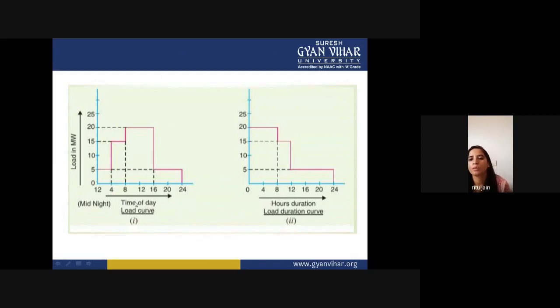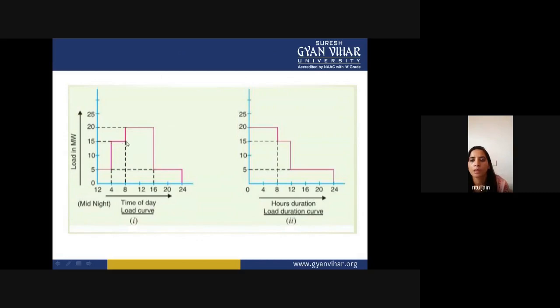Suppose we are drawing this graph for a particular load. From 12 midnight to 4 a.m., the load is almost constant, which is 5 megawatt. After 4 to 8, the load is increasing, it becomes 15 megawatt.